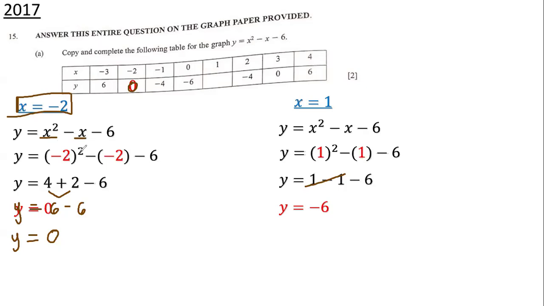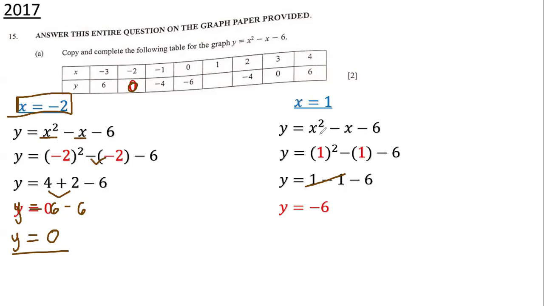So -2 squared is 4, because -2 times -2 is 4, right? And then a negative times a negative is positive. So we have 4 plus 2, which is 6. And then 6 minus 6 is 0. Very good.